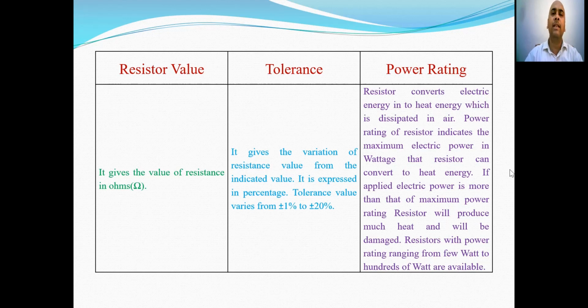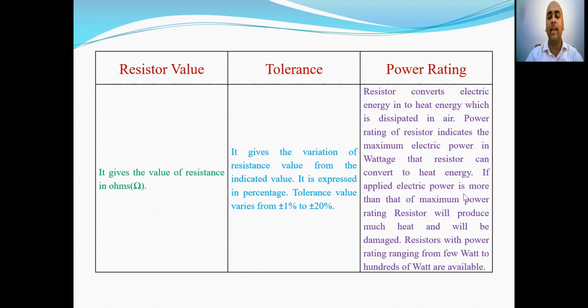So basically resistors convert the electrical energy into heat energy, and this heat energy is finally dissipated into the air. Power rating of a resistor indicates the maximum electrical power in watts that the resistor can convert to heat energy.